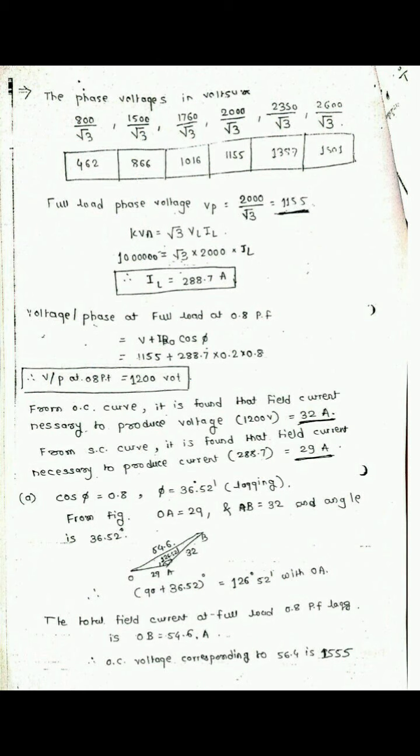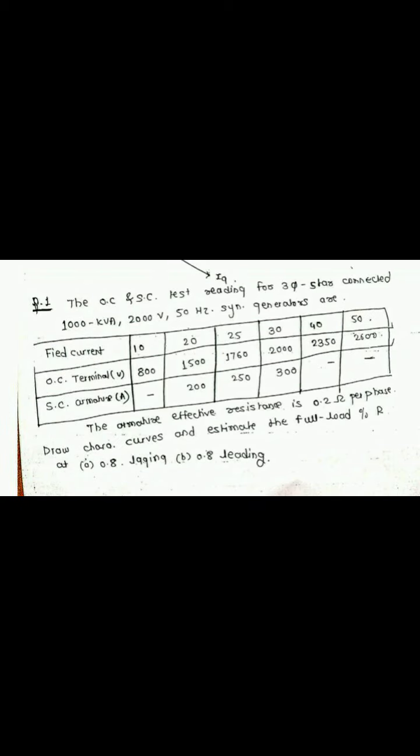From this value of the line current, we want to find IF1 and IF2. The voltage per phase at full load at 0.8 power factor is equal to V plus Ia Ra cos phi. We have the power factor 0.8, the phase voltage 1155, the load current 288.7 ampere, and the armature resistance 0.2 ohm per phase.